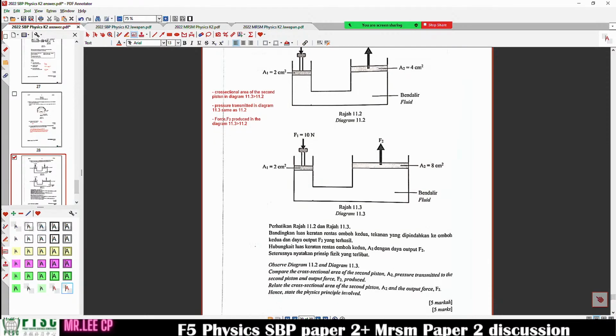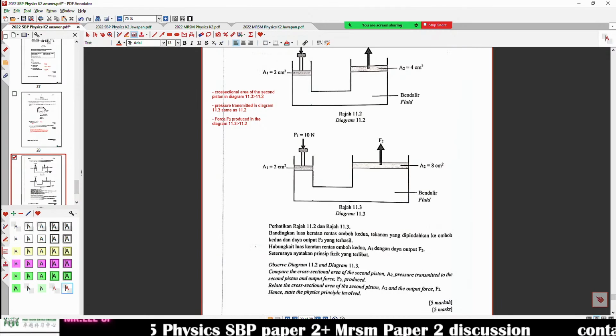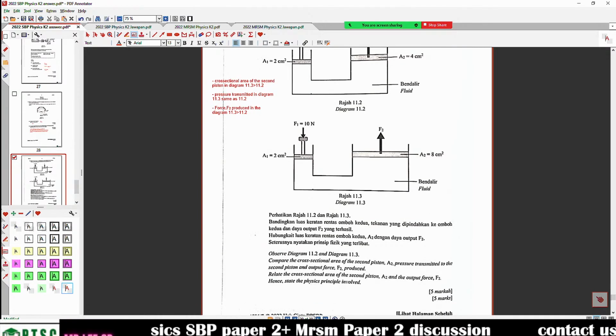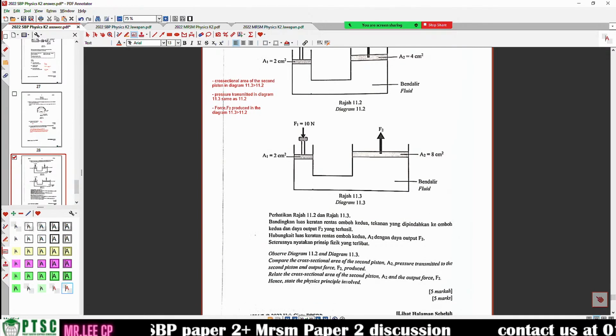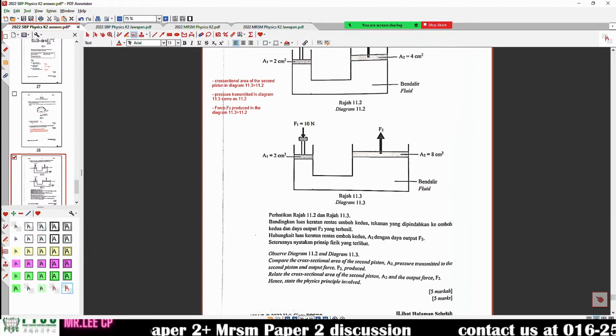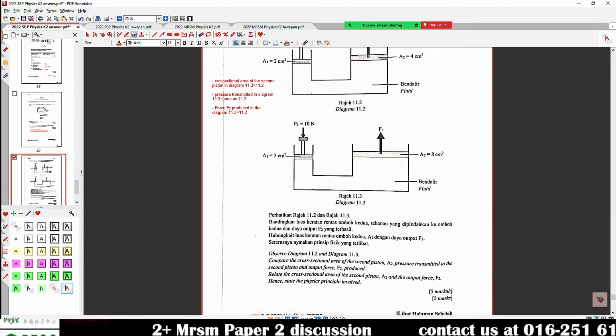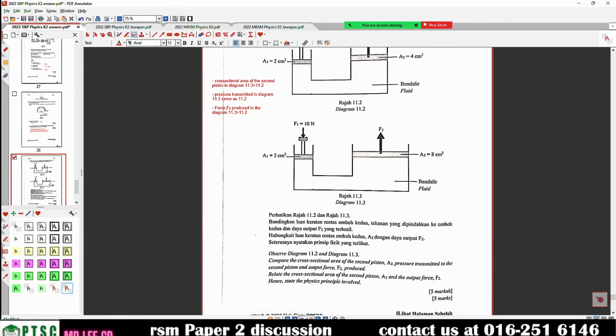Alright, 3 marks here. Read properly, this one is 3 marks for you. You must answer it properly. Relate the cross-sectional area A2 with the force, then the principle.